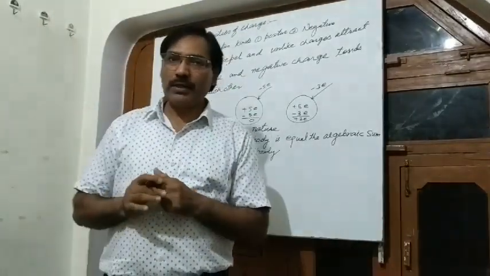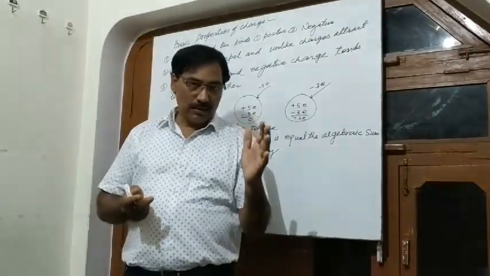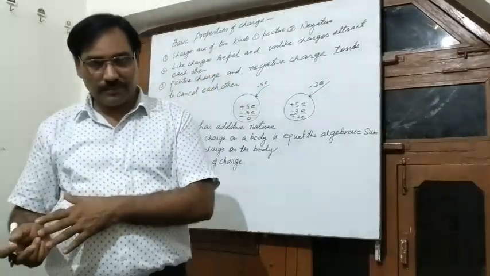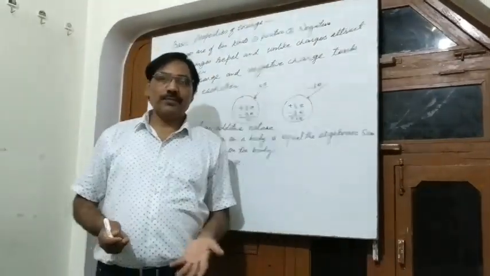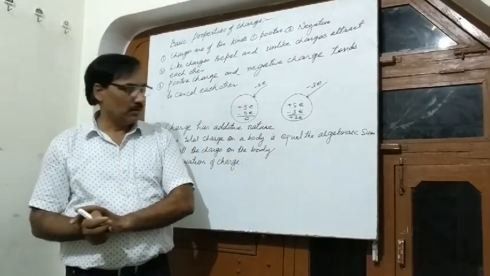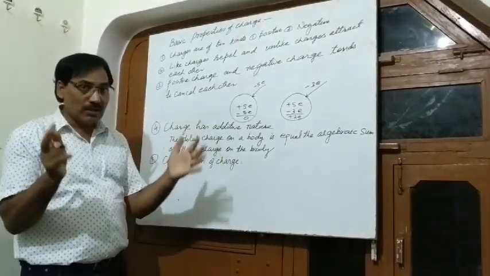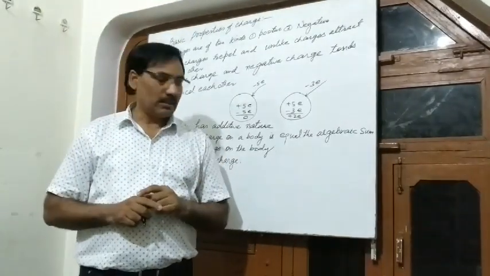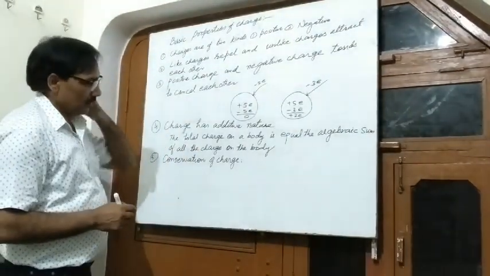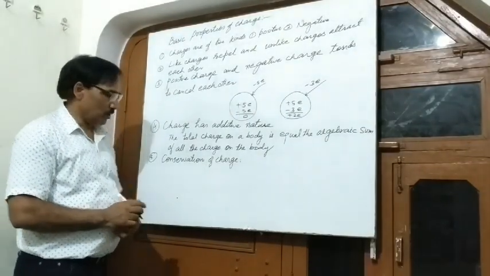The total charge on a body is conserved. Means we can neither create charge nor we can destroy the charge. Charge only can be transferred from one body to the other. It means the total charge of an isolated system is constant. We can't create or destroy the charge. This is the meaning of conservation of charge.